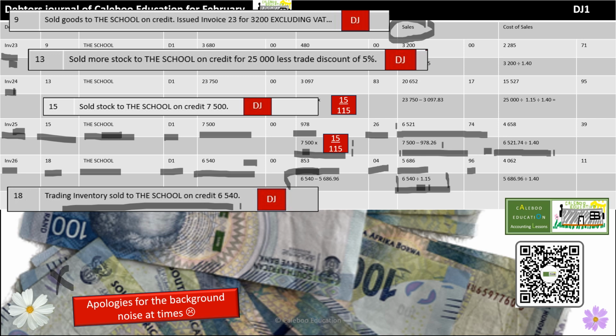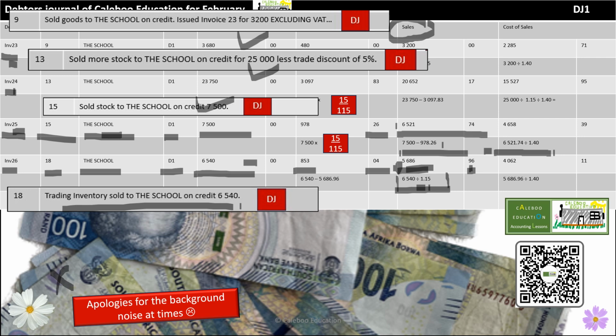Then actually to get the VAT amount, I said 6,540 minus 5,686 and 96 gives me 853 and 4 cents.